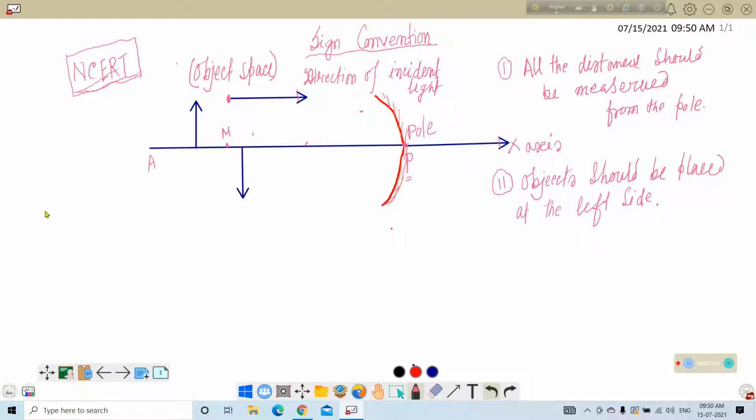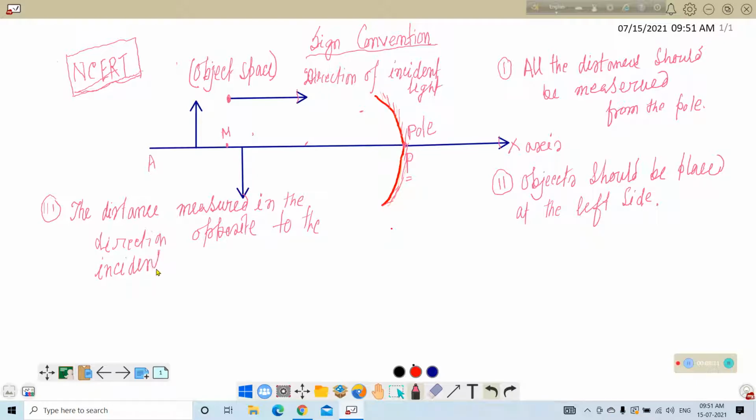Point number three: the distance measured in the direction opposite to the incident light is negative.